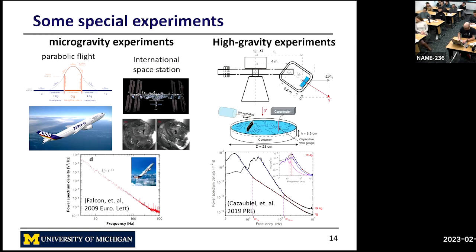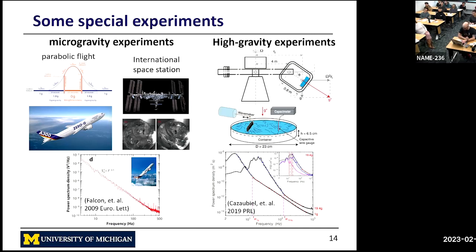And the second thing, they go to the International Space Station to do the experiments. By doing that, they get a very long range of capillary wave spectrum that actually agrees with the theory very well. So you see that this exponent is 3.1, and previously I said 3.2 because the theory is closer to 3.2.